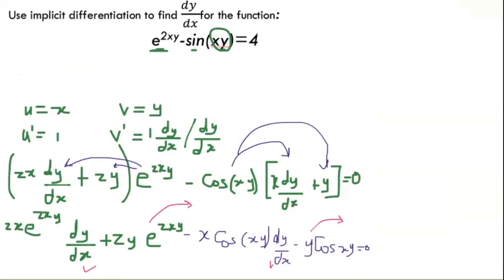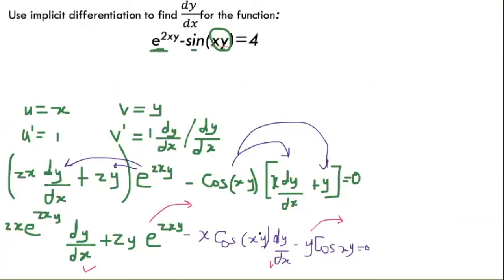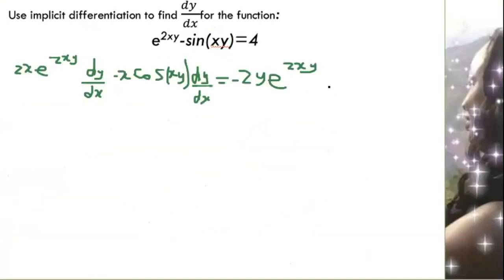So 2y e to the 2xy will become negative 2y e to the 2xy. The next term without dy/dx is minus y cos xy, so it will become positive y cos xy.